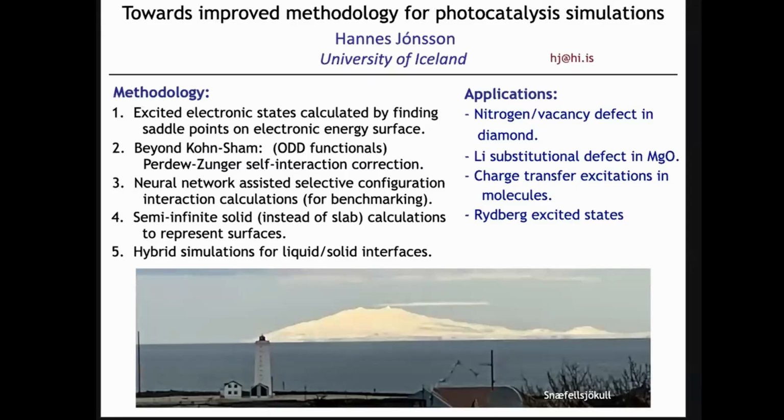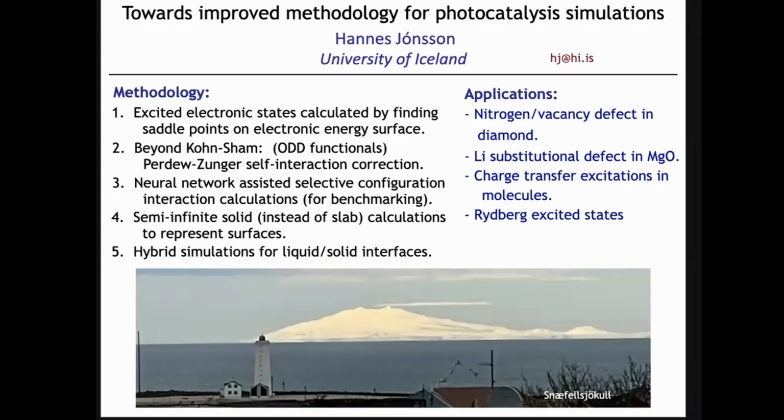The first thing I want to talk about is a new way of thinking about and calculating excited electronic states. And what that involves, and Gareth actually mentioned it, is that we've been working on finding saddle points basically all my scientific career, but mainly for finding the mechanism and rate of atomic rearrangements, chemical reactions or diffusion events and things like that.